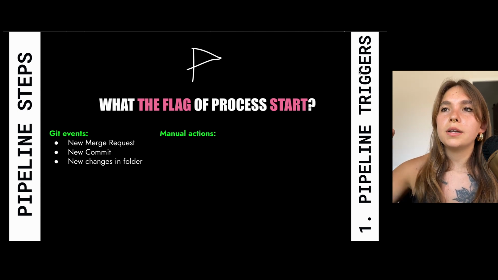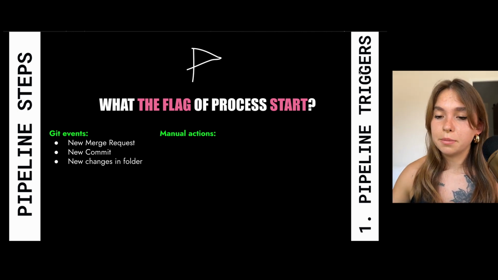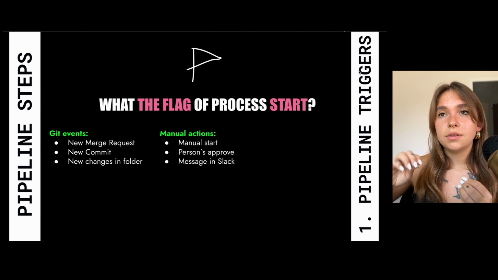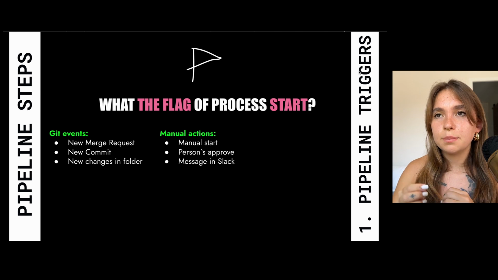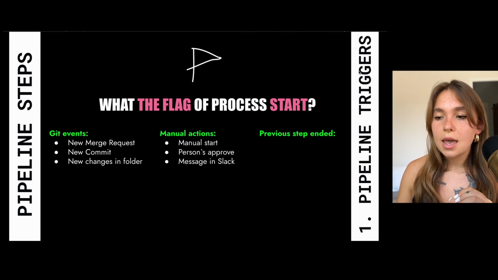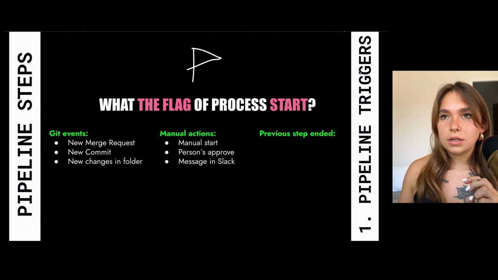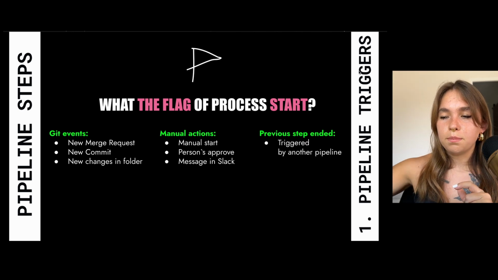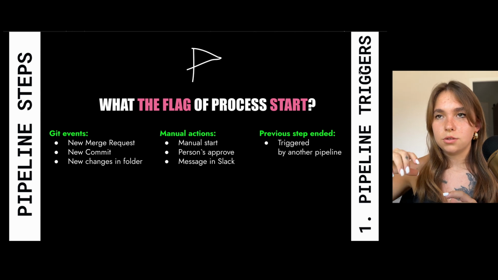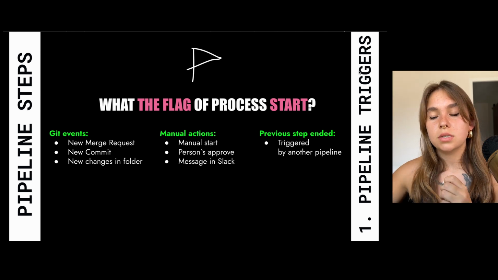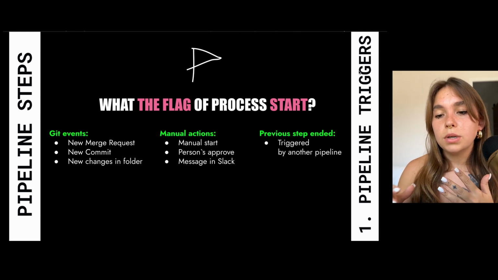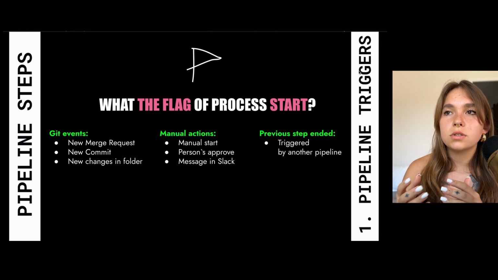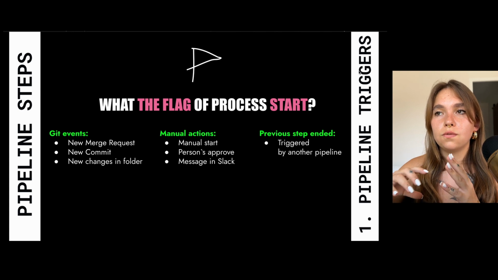So it's a manual start, personal approve, or a message in Slack; there can be different manual actions and different sources of them. Another type of trigger is when a previous pipeline triggers this new pipeline, if we have this chain of processes. So you have to choose which method is the most appropriate for you based on this whole process map.